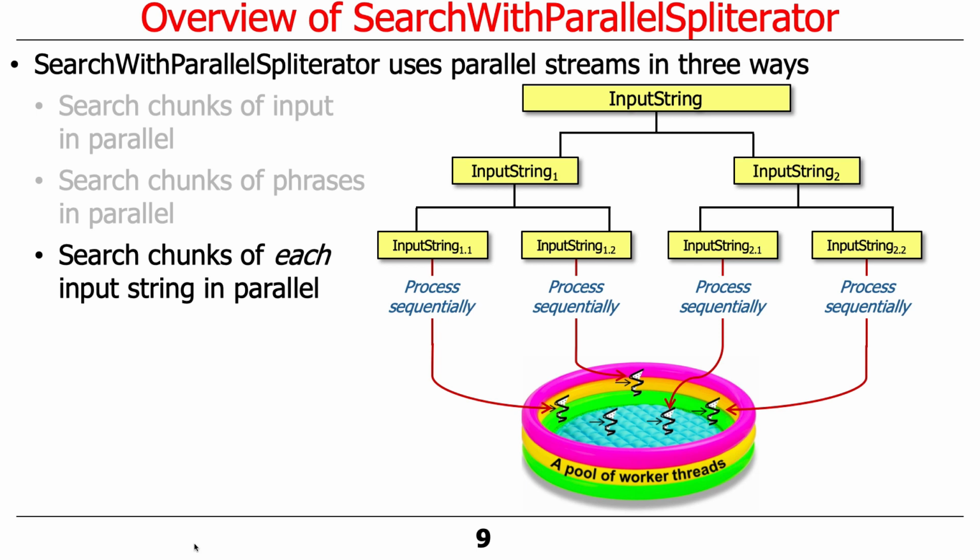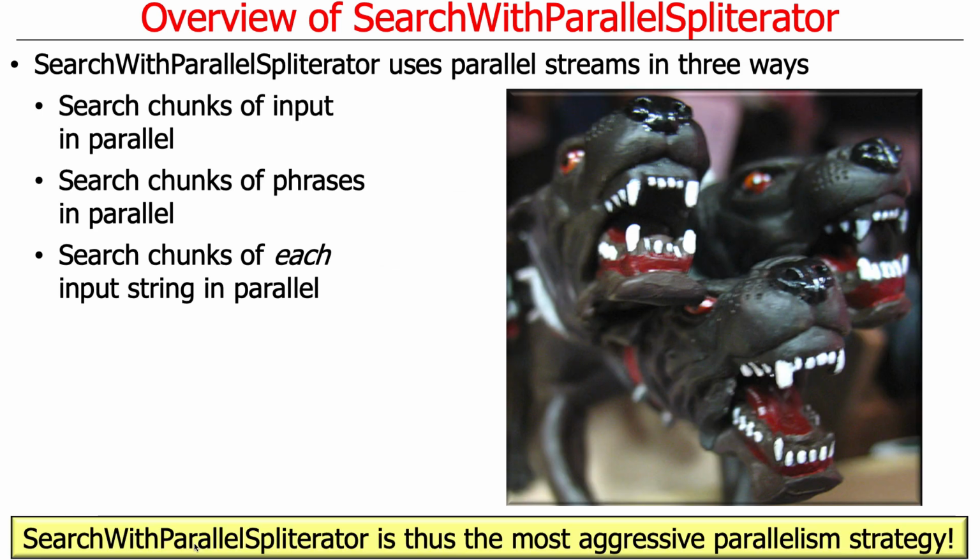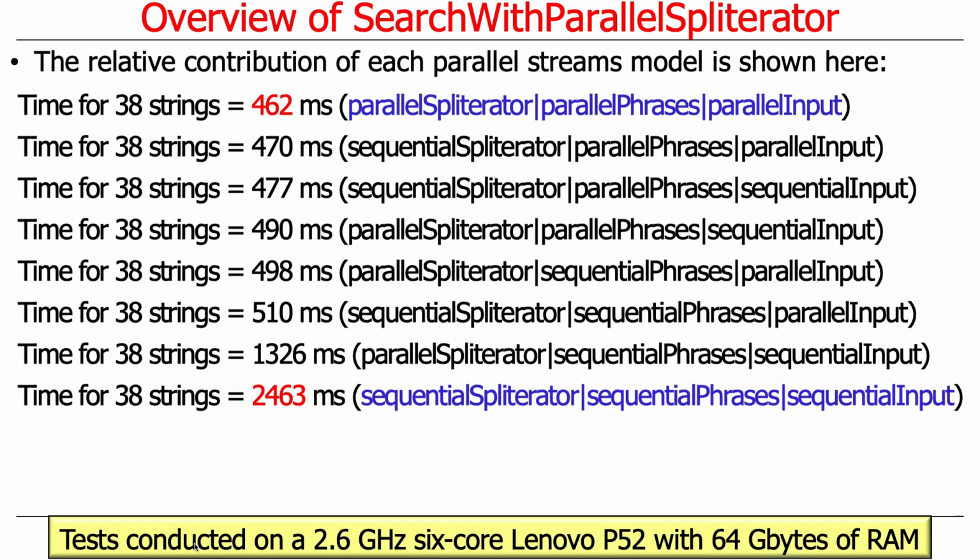So it's three different ways of doing parallelism. This approach, the SearchWithParallelSpliterator approach, is the most aggressive parallelism strategy. It's got the three heads of Cerberus or whatever, trying to get all the computations chewed up as quickly as possible.